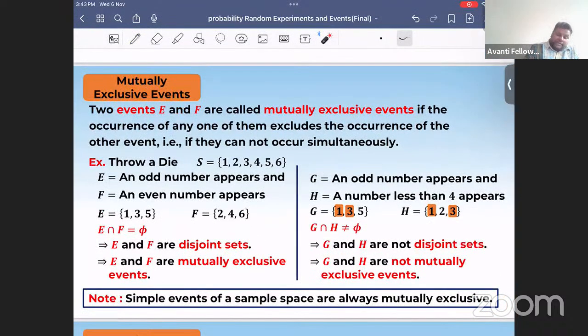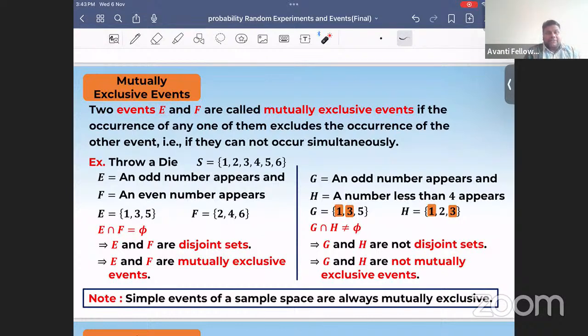Now mutually exclusive events. Events are said to be mutually exclusive if one event does not let the other event occur. Getting my point?